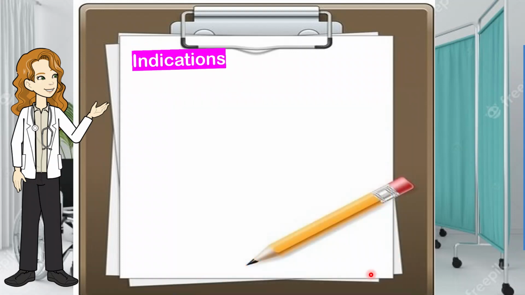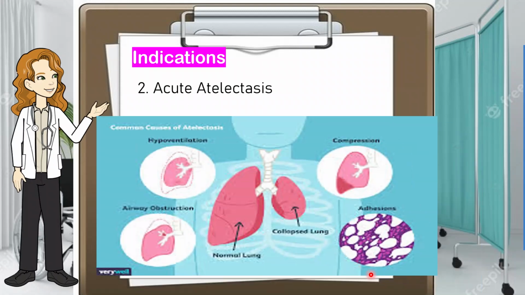Another condition is acute atelectasis. As you can see in the picture, this is the normal lung and the collapsed lung. From the word collapse, the lung has collapsed, there is no air, in which the larger airways and the lungs have a problem, or there is collapse of the tissues.